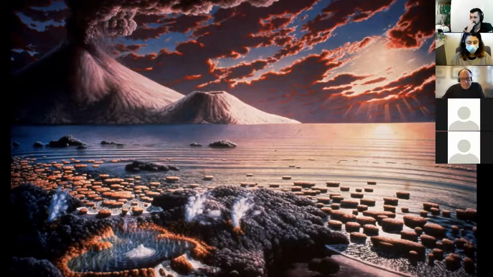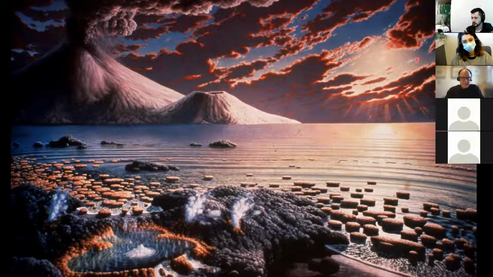If any of you have been to the Smithsonian in Washington D.C. and you start at the beginning of the museum, you see this backdrop, an artist rendering of what life may have looked like in the very beginning.